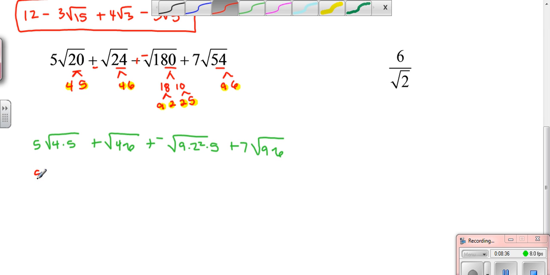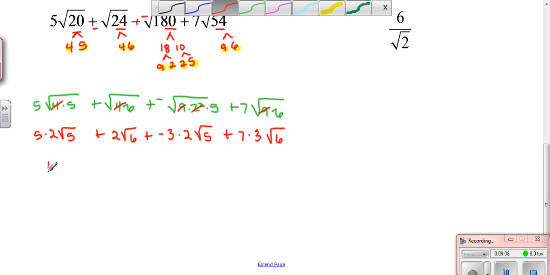So I'm going to have 5 times the square root of 4 is 2 with the square root of 5 left over. Plus, I can take the square root of 4, which is 2, with the square root of 6 left over. Here, plus a negative square root of 9 is 3, the square root of 2 squared is 2, and I have the square root of 5 left over. Plus 7 times the square root of 9 is 3, and I have the square root of 6 left over.